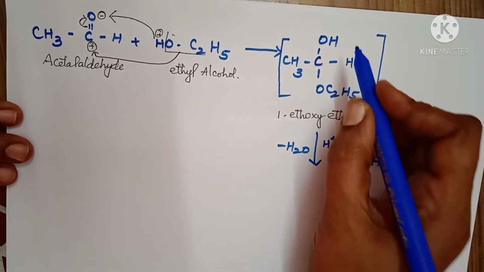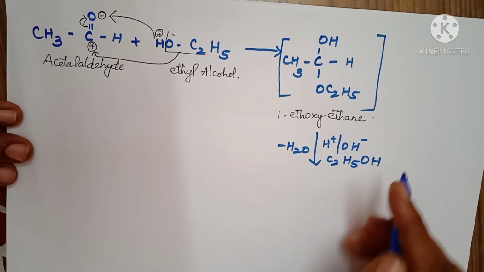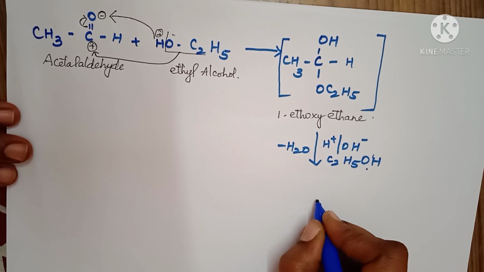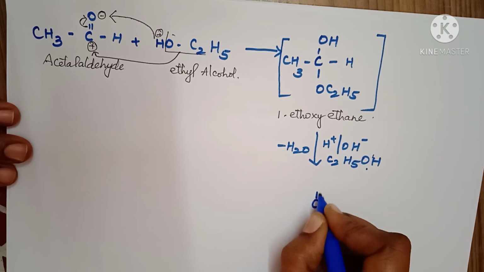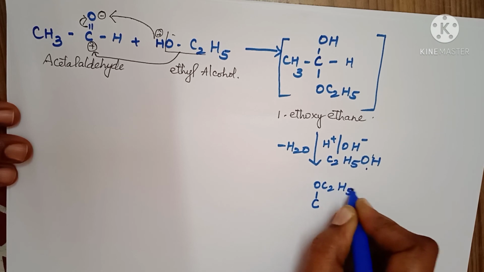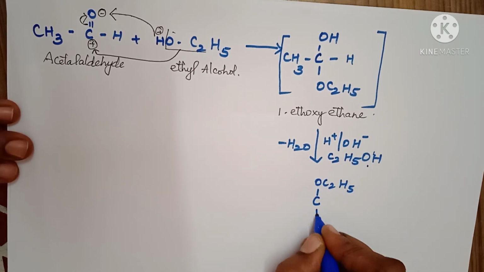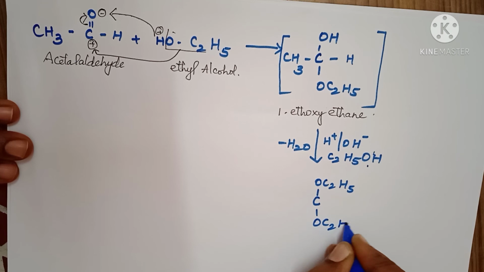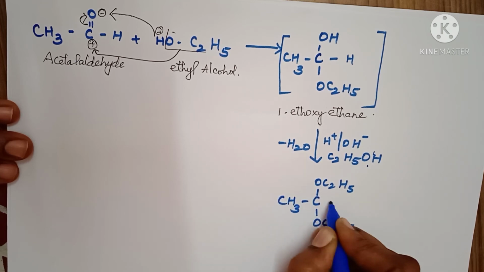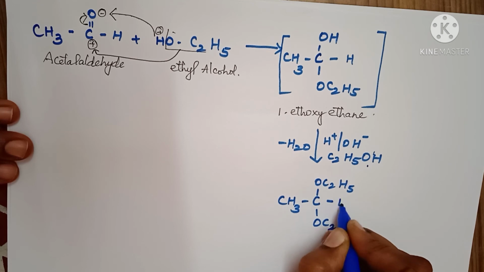Just remove this OH ion and add OC2H5. Carbon, this side OC2H5, and this side OC2H5, and this side CH3, and this side which is remaining, hydrogen.